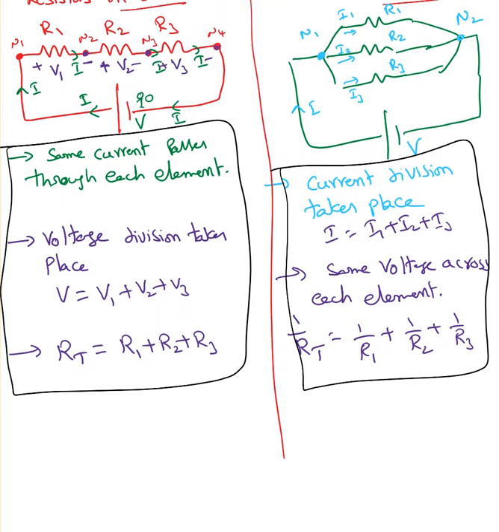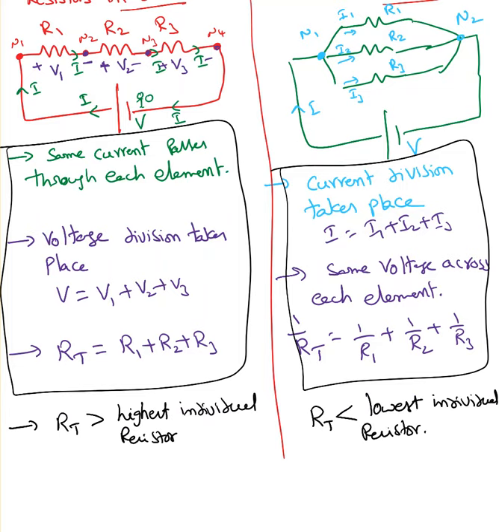The next important point here is, since I'm adding R total as R1 plus R2 plus R3, R total is always greater than any one of those resistors. So in series, R total is greater than the highest individual resistor.